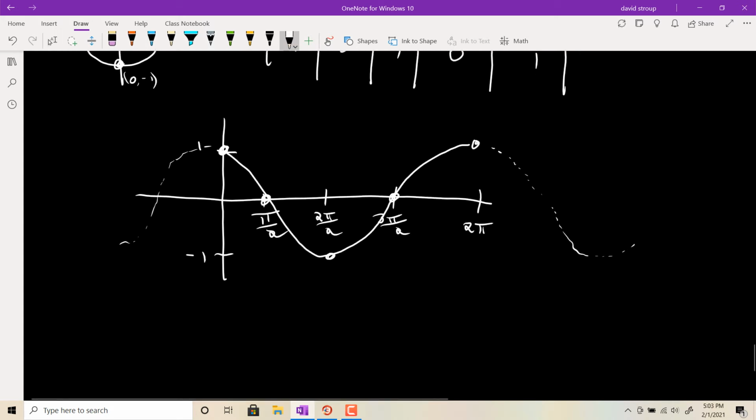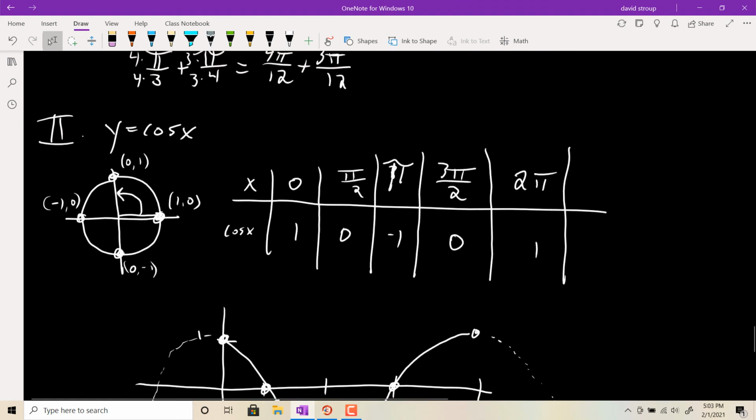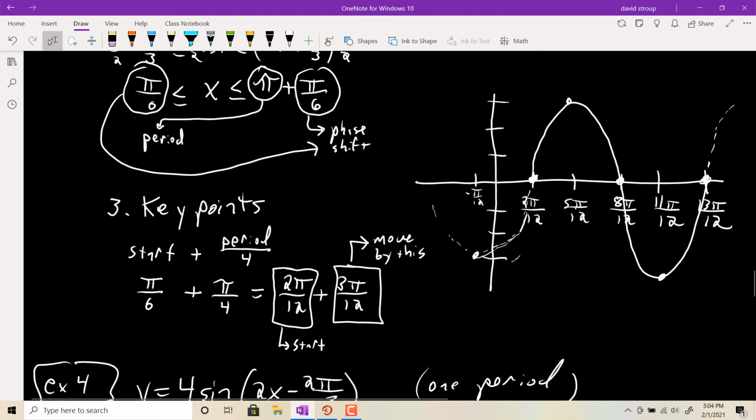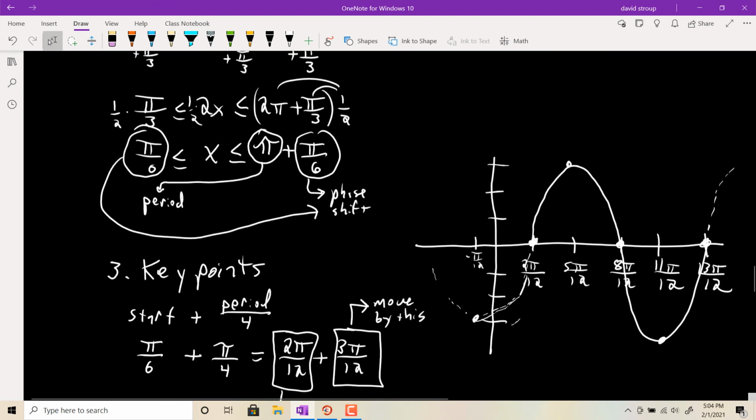Okay, so this is one complete cycle of cosine, or one period if you wish, and the length of the period is always given as 2 pi. So the only thing that really changes now when we do our graph is that the key points are different.